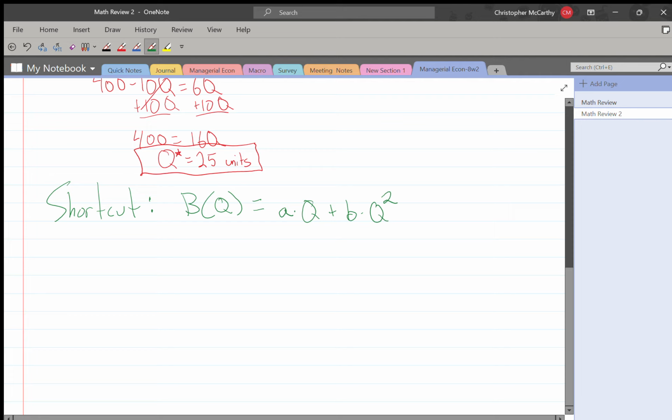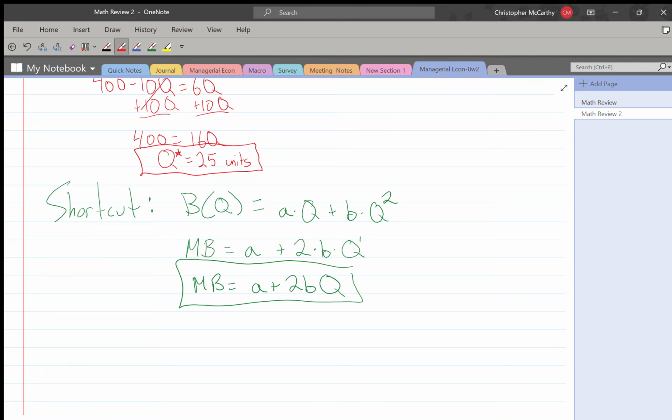And so since this is how all of your benefit equations are going to show up, we can go ahead and have a shortcut for what the marginal benefit is. It's going to be just the constant on that first term, and then it's going to be plus 2 times b times just q to the 1 power. So our marginal benefit is going to be a plus 2bq. And there's a shortcut for the marginal cost as well.